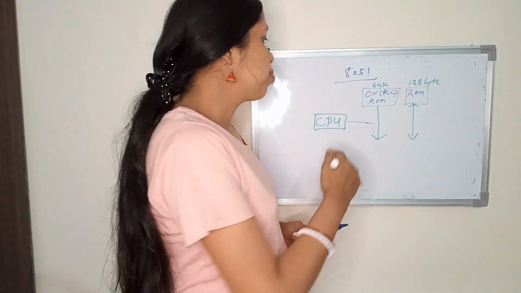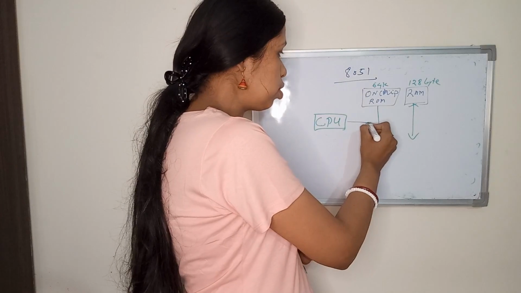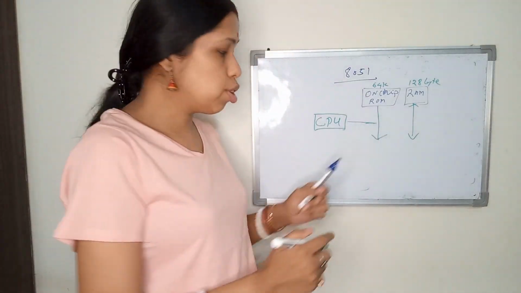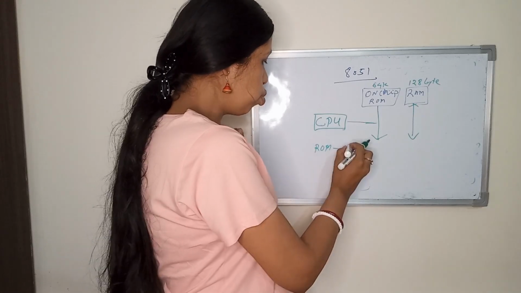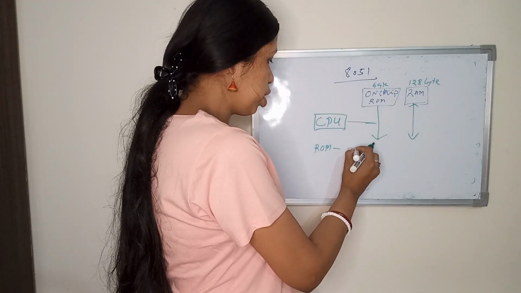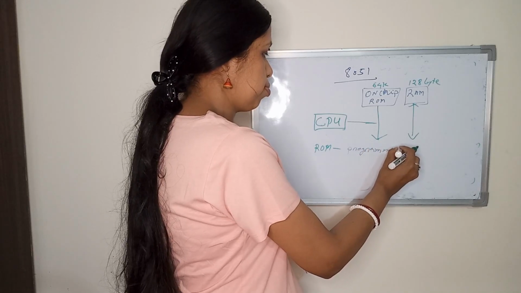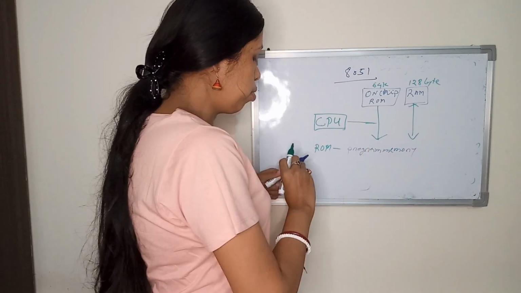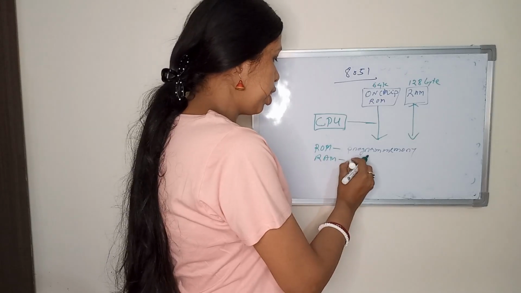So this is the on-chip ROM, and this is the RAM. Normally the ROM stores program memory, and the RAM stores the data.